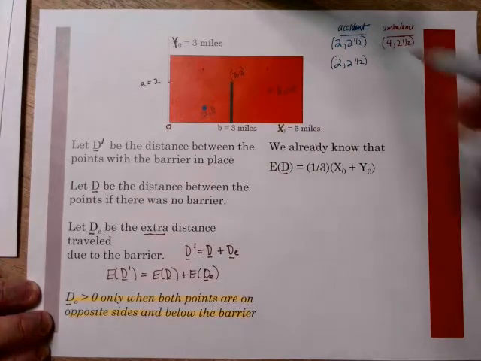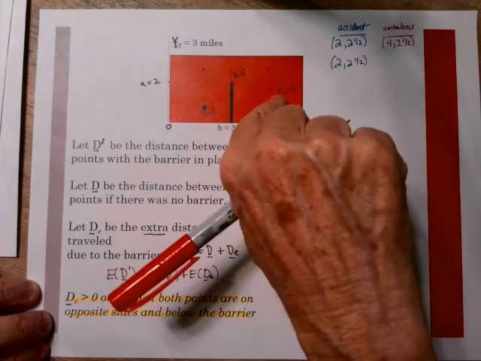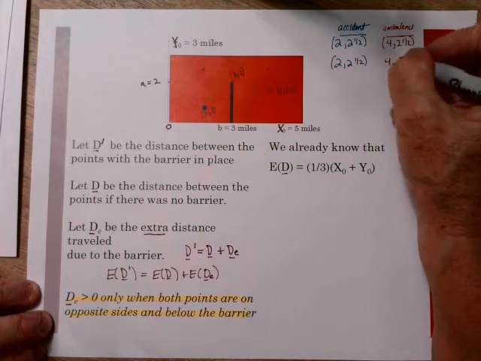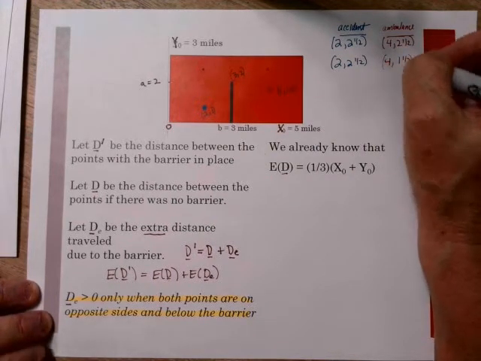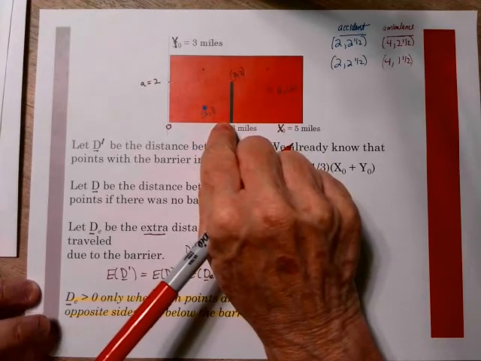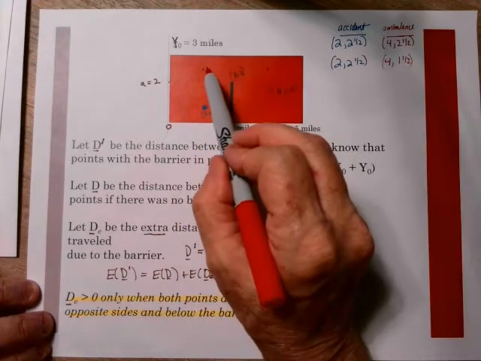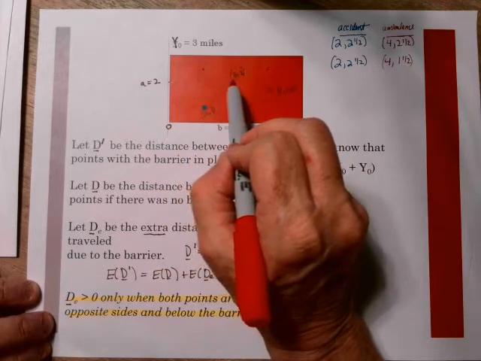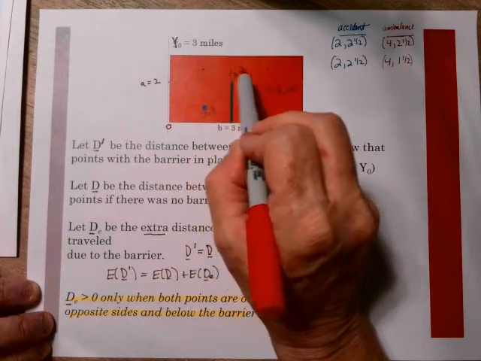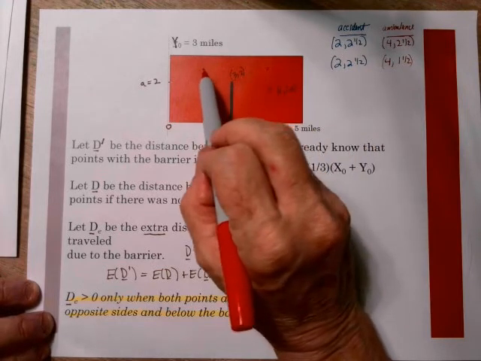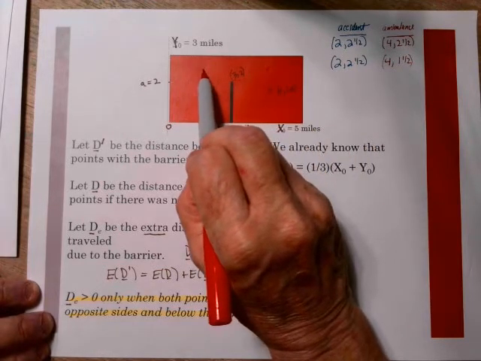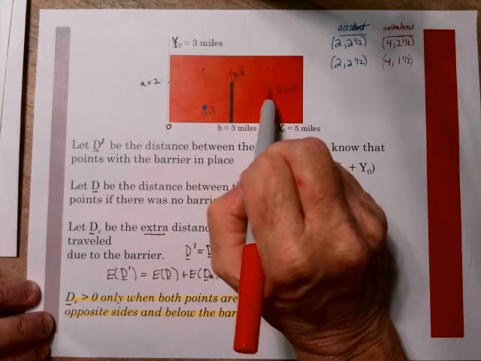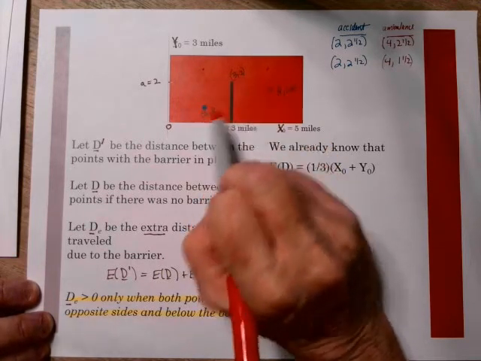Now let's use the current point. What if my ambulance is at 4 and 1.5? Does the barrier matter then? No, it doesn't at all, because rectilinear means I can go any way I want. I could go down here and over here and then down, or I can go all the way over here and down. I can get from this point to this accident without worrying about the barrier.